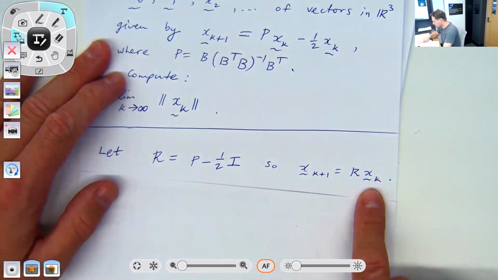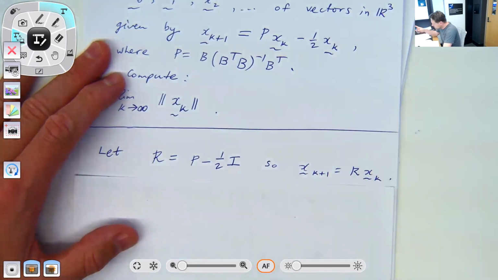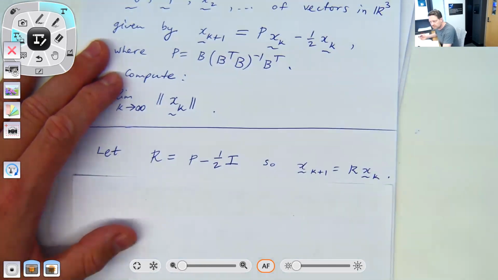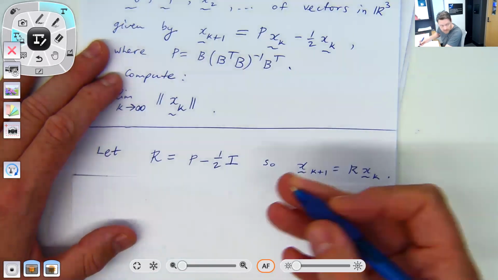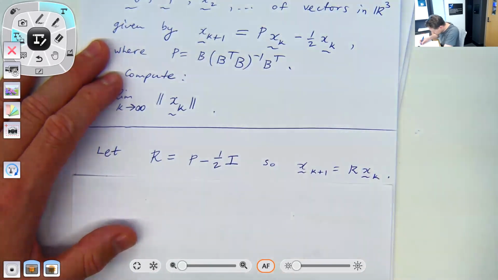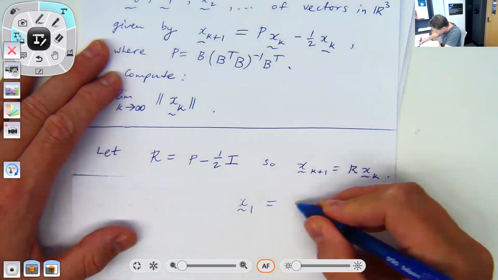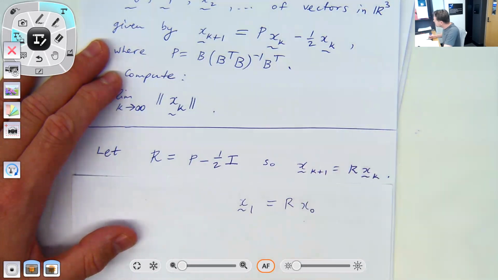All right, and immediately, this is good because you can obtain a closed form for the kth term. Let me just show you. So we've got x1 would be R times x0, right?